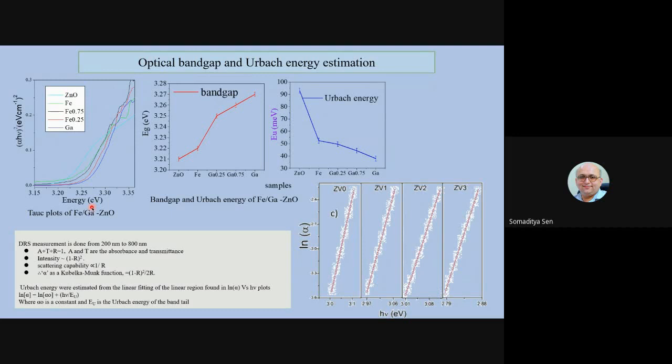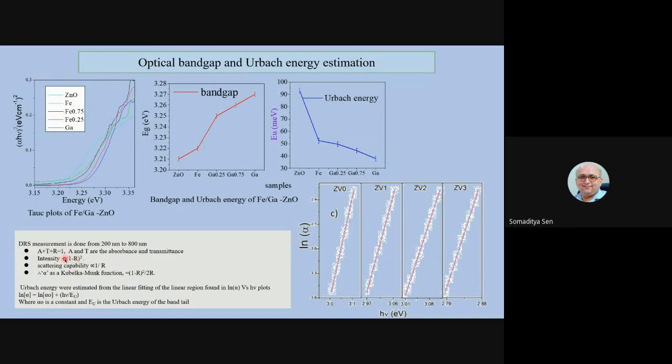So from the reflection spectrum you can calculate the absorption spectrum from this equation: A plus T plus R, that is absorption coefficient plus transmission coefficient plus reflection coefficient, is equal to 1. So in a solid sample which is not transparent, transmission is 0. Okay, we can take it to be 0. So the absorption will be proportional to 1 minus R.